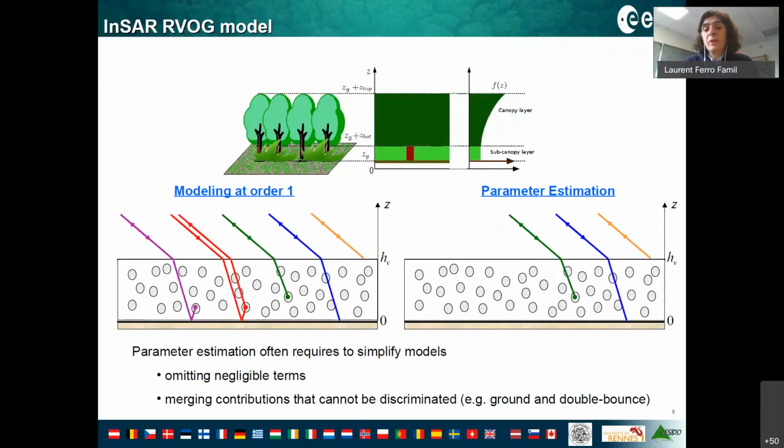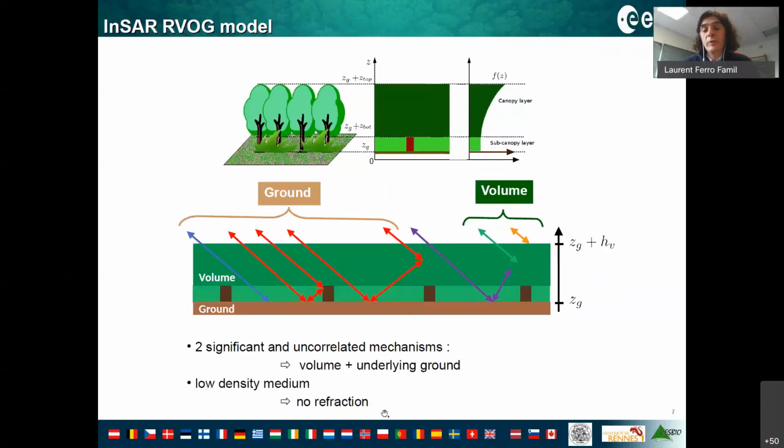If it is strong, you can even merge this contribution and the volume and say all of this is coming from the top part of the volume. So you have two contributions, one from the ground and one from the volume, and these two are of course uncorrelated. There is no specific relationship.